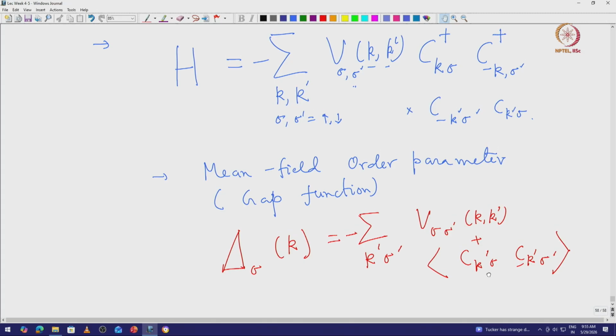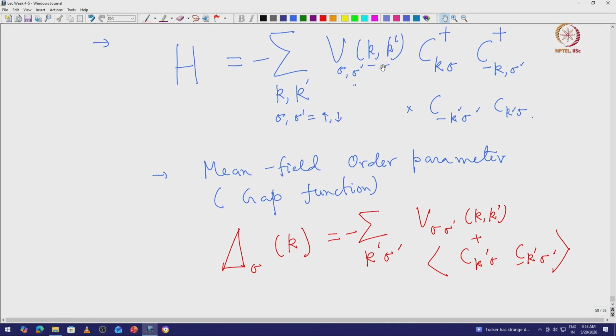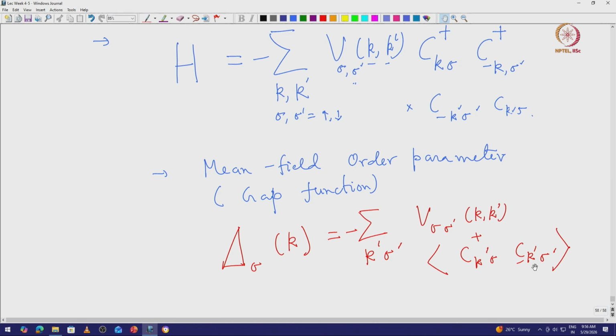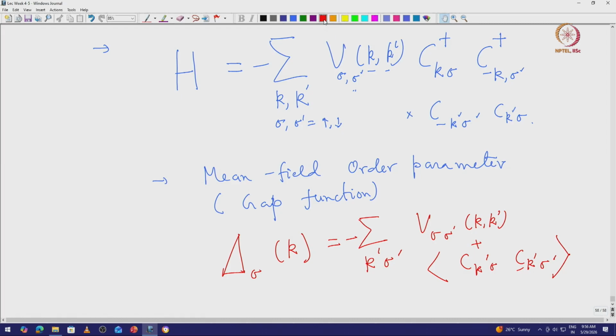Again it can be k and k prime, and I am assuming it to be symmetric, or it is just a change of notation, a dummy variable. So here we are taking an expectation value. We assume that there is an expectation value of this quantity that is finite for a new ground state.